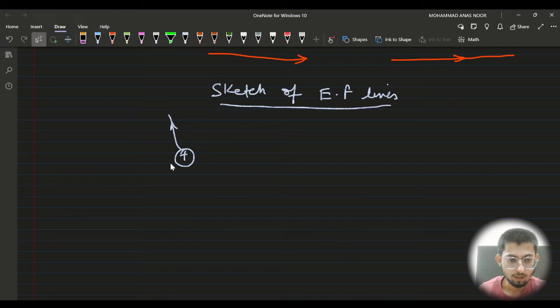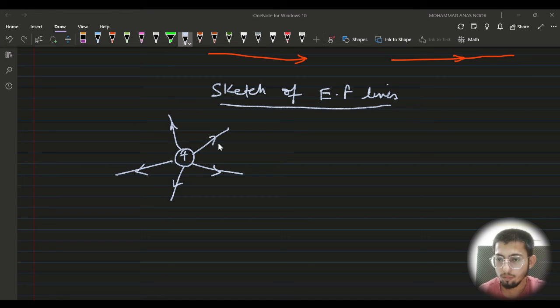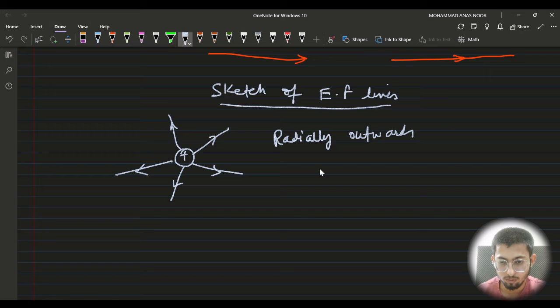Like this. It is spherically symmetric, we already studied. You can write it, it is radially outwards and spherically symmetric.